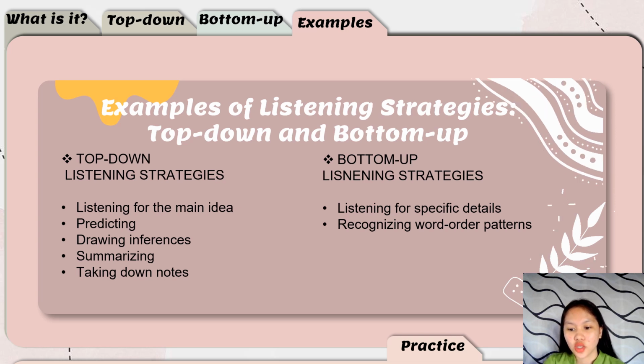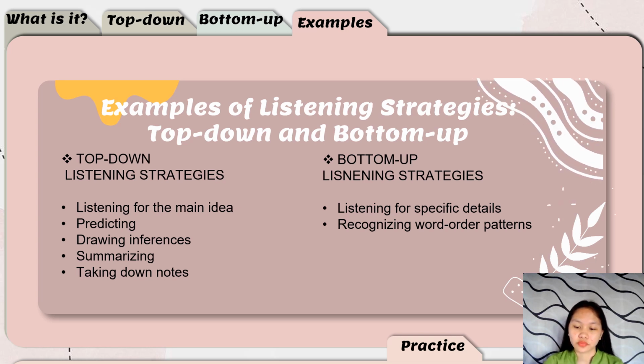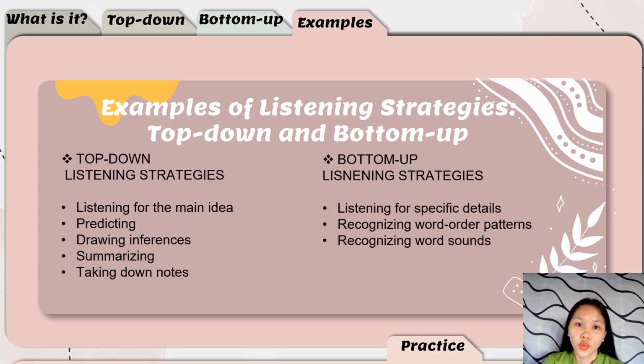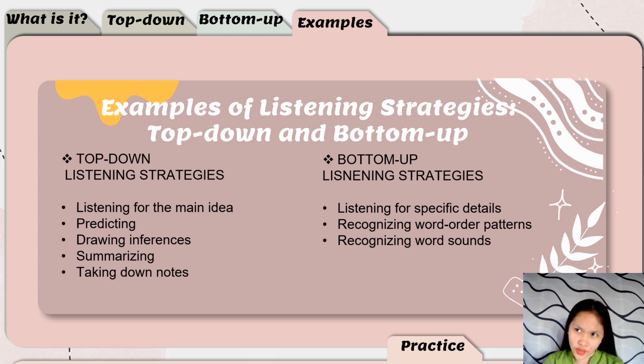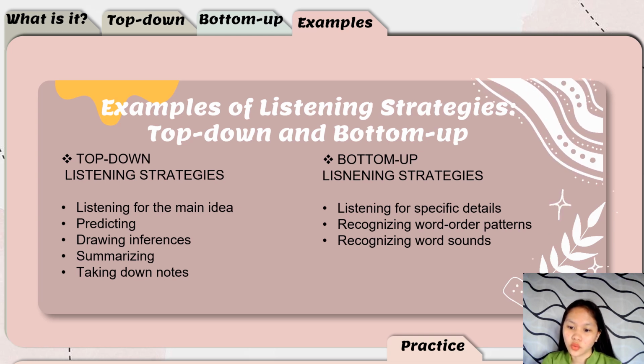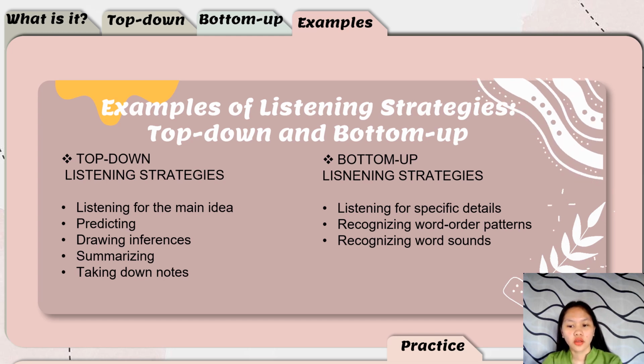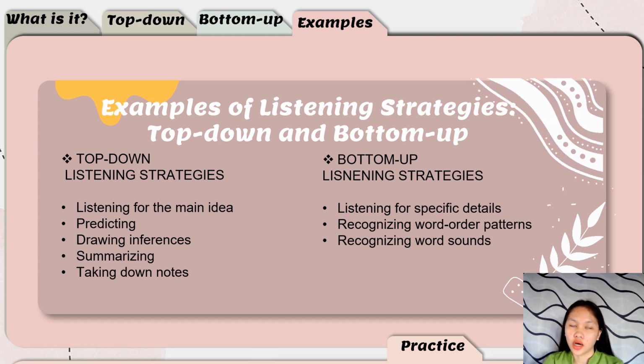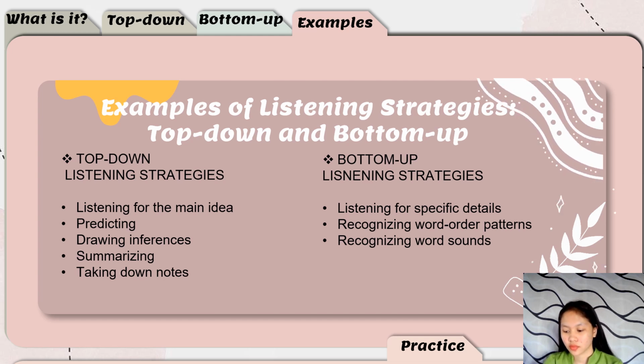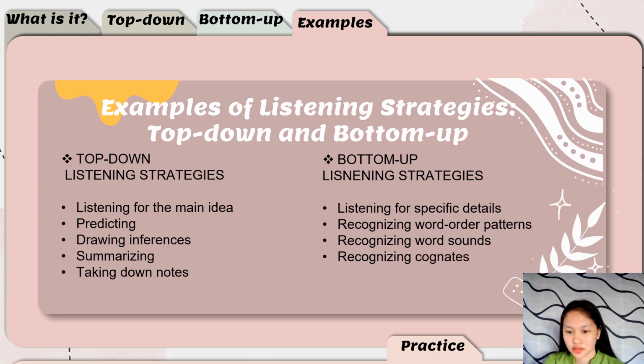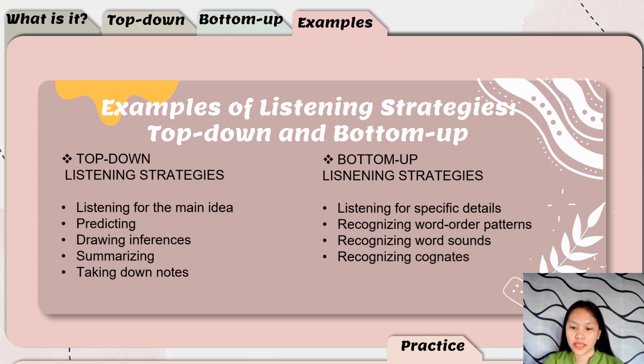Next, recognizing word order patterns. Recognizing word sounds. Example, you are listening to the music or the song on YouTube, your favorite song, and you will notice the word sounds. Next, recognizing cognates.